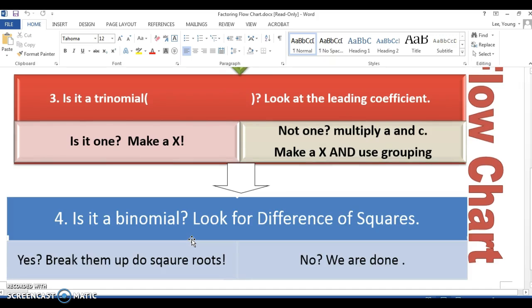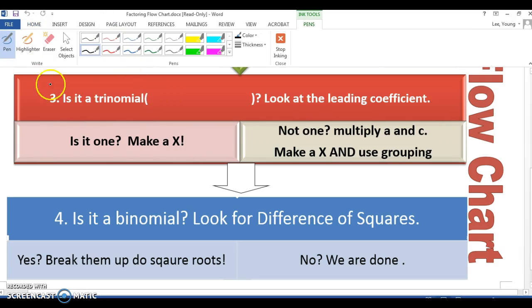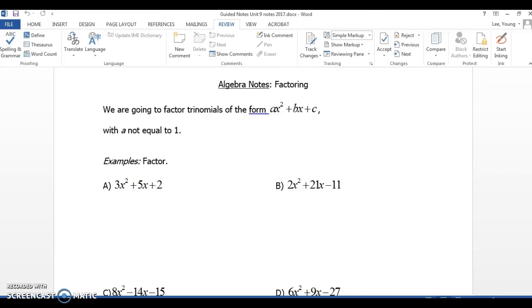Today what we're going to learn about is number 3: is it a trinomial? What does trinomial mean here? A trinomial is ax squared plus bx plus c. If the trinomial is given and it looks like ax squared plus bx plus c, then we are going to look at the leading coefficient.